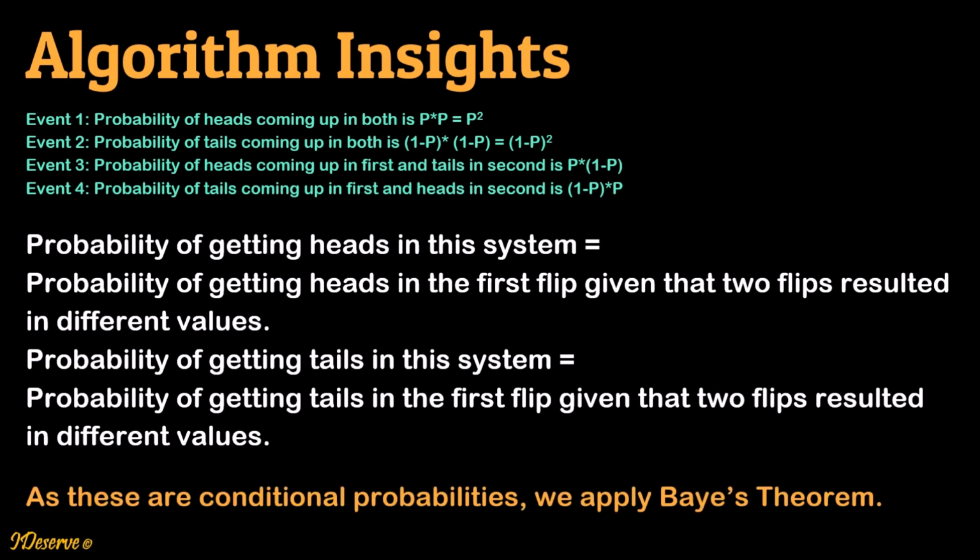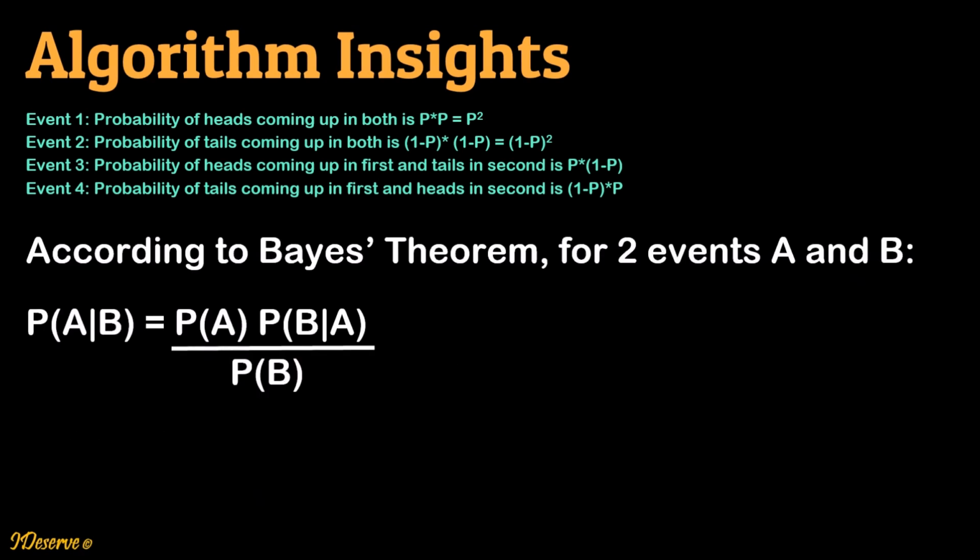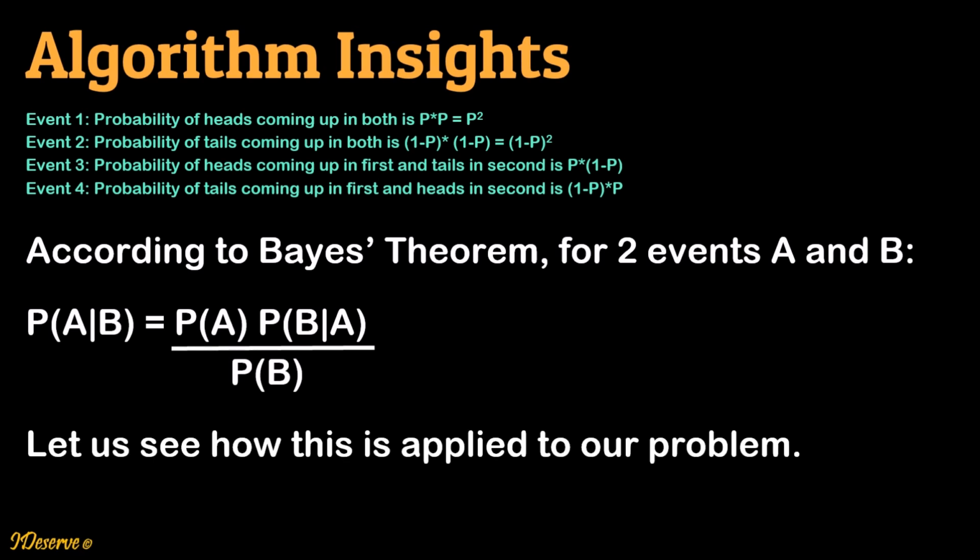As these are conditional probabilities, we apply Bayes' theorem. So according to Bayes' theorem, for 2 events A and B, probability of A given that B has occurred is equal to probability of A multiplied by probability of B given that A has occurred divided by probability of B. Let us see how this is applied to our problem.